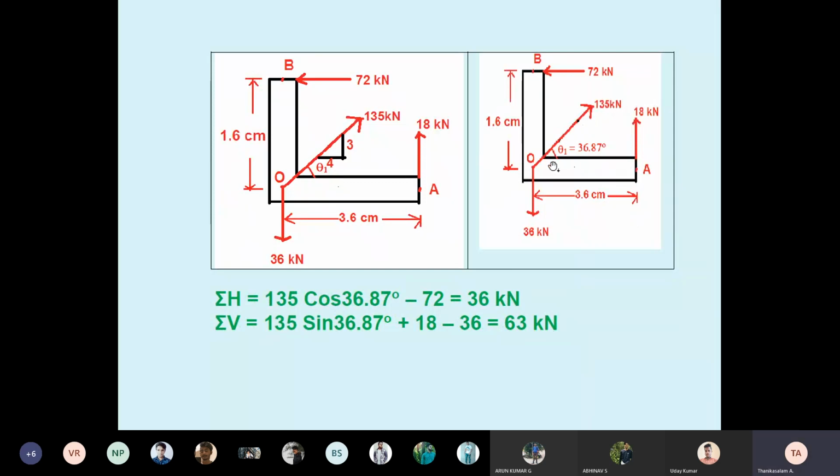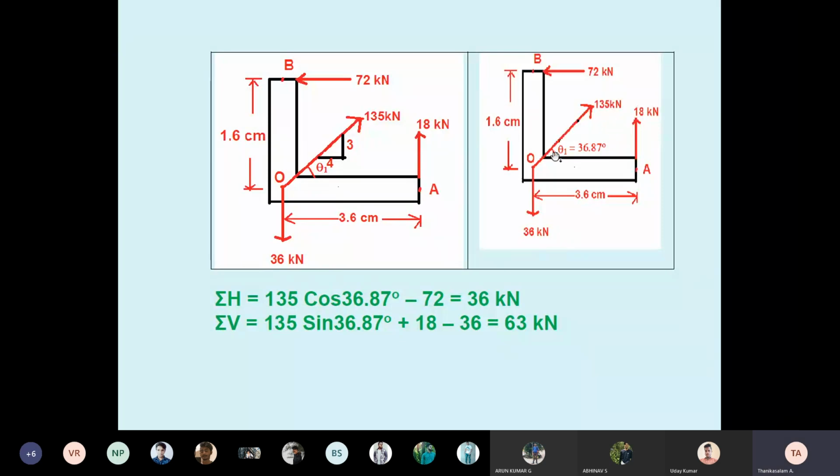See, the 135 is in the first quadrant. Students understand, the 135 is acting in the first quadrant with respect to the x-axis. The angle is with the x-axis. So what is the x component value? 135 cos 36.87. Students understand, if any force is inclined, you resolve it in XY direction.